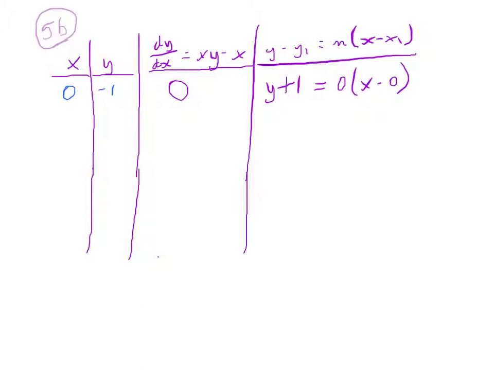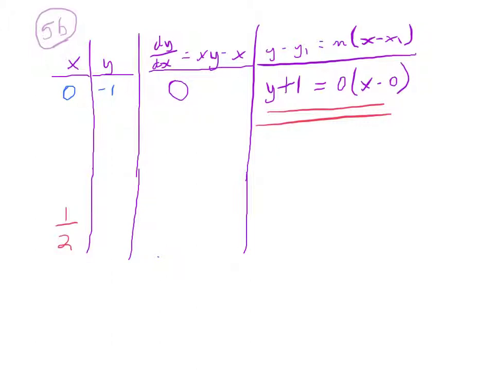That would mean that the next x value, where we would do this process, would be at x equals 1/2, and then to find the y value at that particular point, we use the tangent line that we just constructed to help find the approximate y value at x equals 1/2.